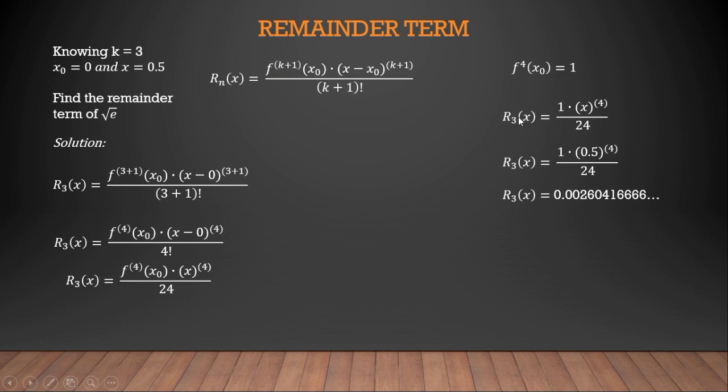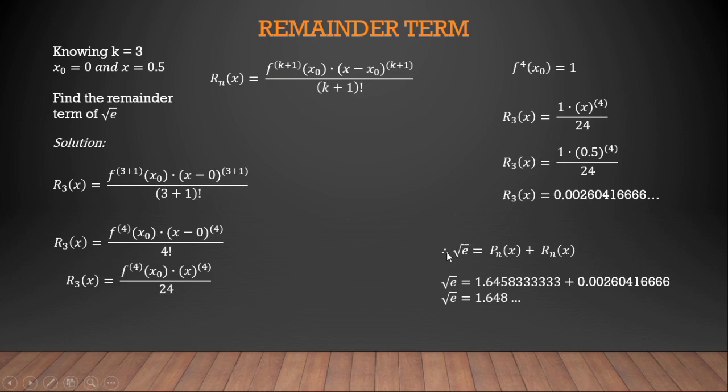So meaning R3 of x is equal to 1 multiplied by x to the power 4 divided by 24. And if we were to plug in 0.5 wherever x is, we're going to get 0.5 to the power 4 divided by 24. And if you're good with your calculator, you will get something in this format here. This is your value. Great.